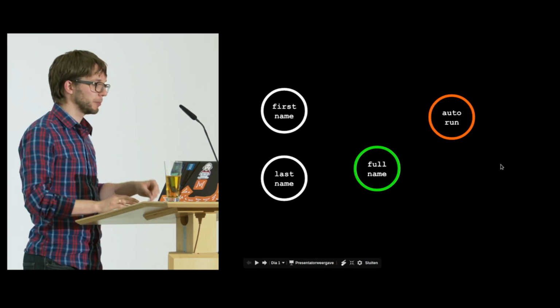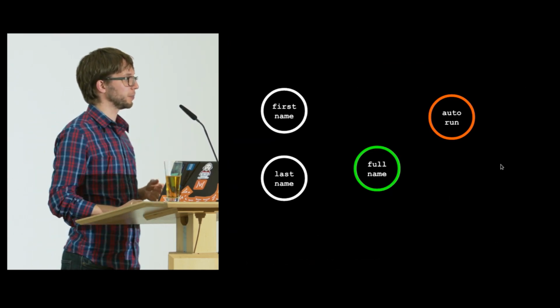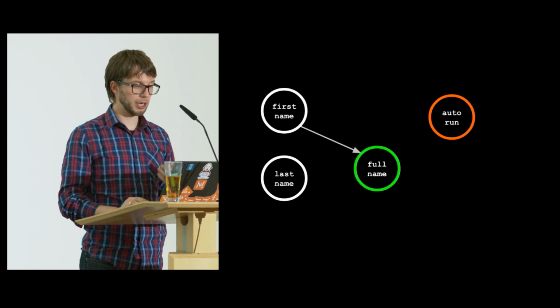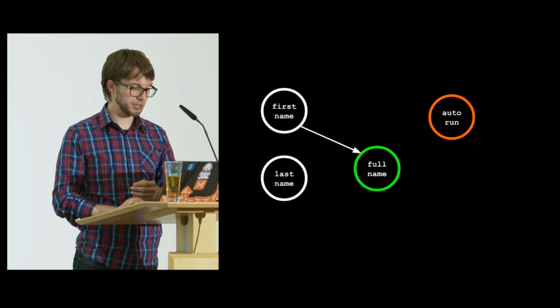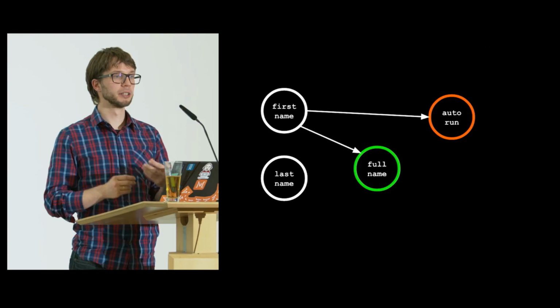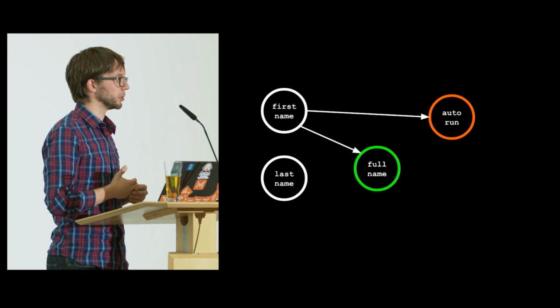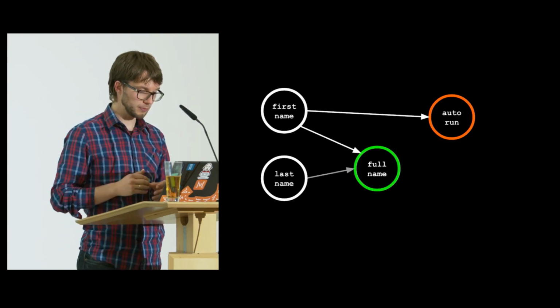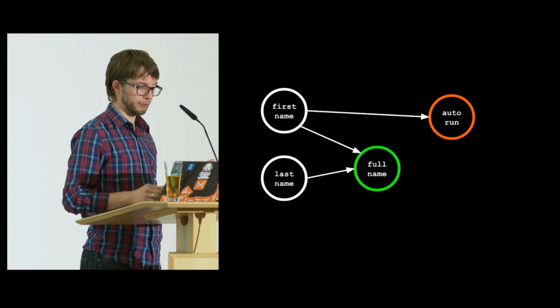So you can imagine what happens behind the scenes is that there's a dependency tree behind observables and the reactions that react to them. If first name changes, then the full name needs to change, and also the autorun needs to change, because autorun checks if its value is 42. And the last name influences the full name.